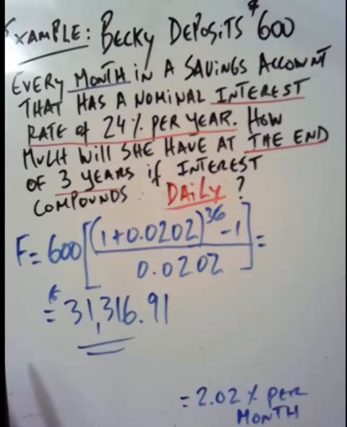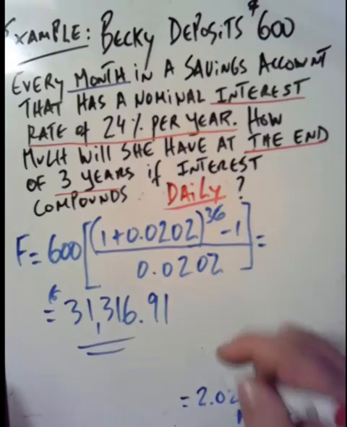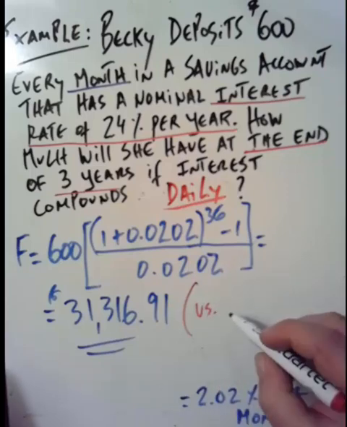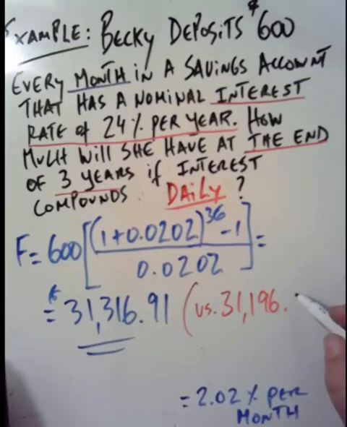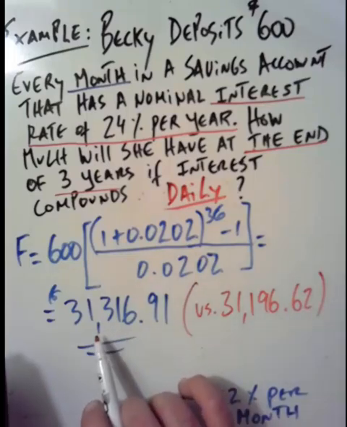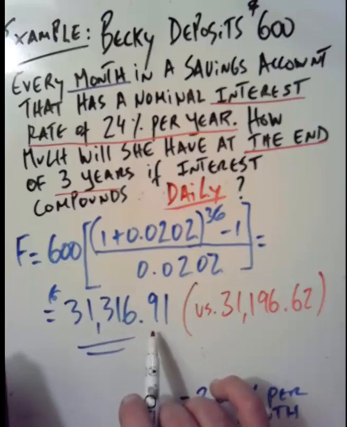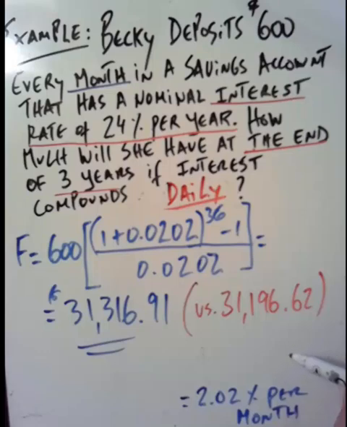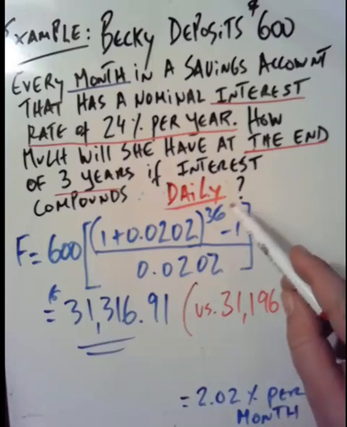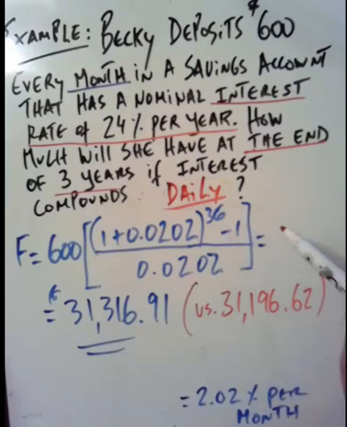If the interest was compounding monthly, she was having $31,196.62, and now she has $31,316. So about $120 more because the interest is compounding more rapidly, daily, instead of monthly. So she earns more interest.